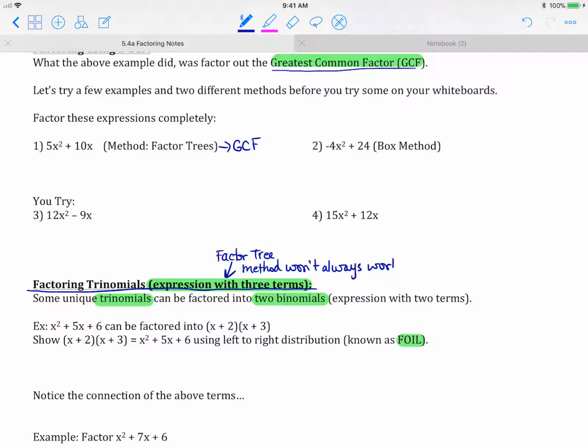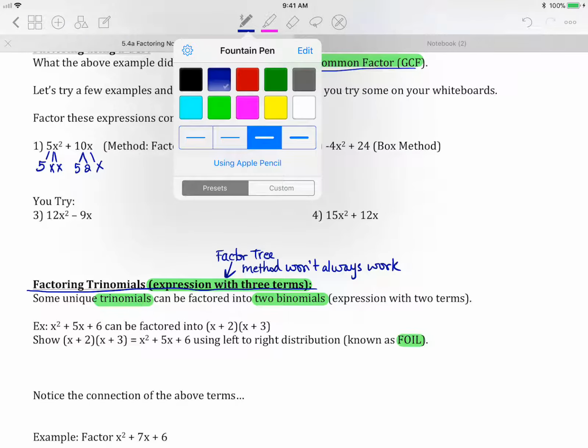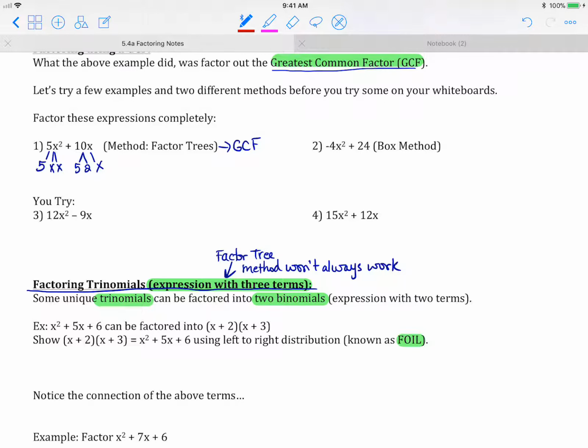Okay, so the factor tree method is basically breaking it down into all its factors. This breaks down into a 5 times x, and this breaks down into a 5 times 2 times x. Those are all of the factors. Now I'm simply going to circle what they both have in common. We have a 5 here and a 5 here. We have an x here and an x here.